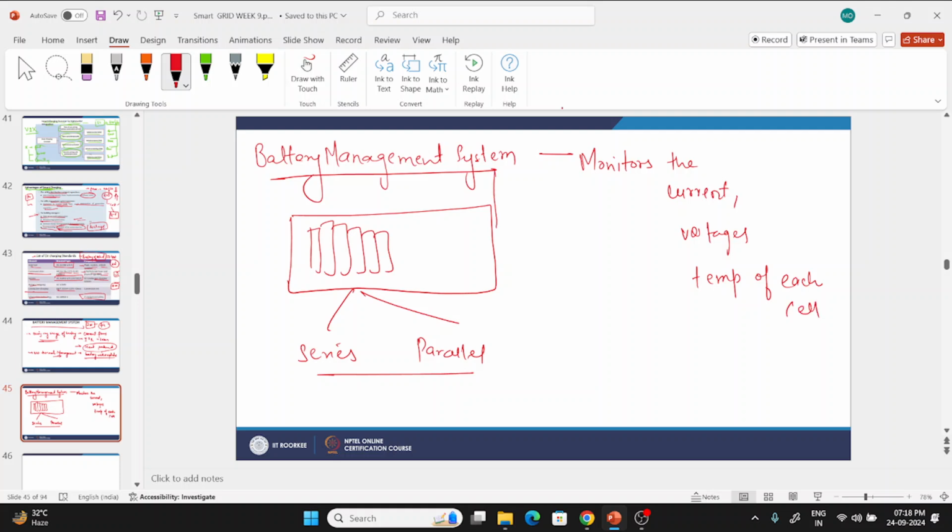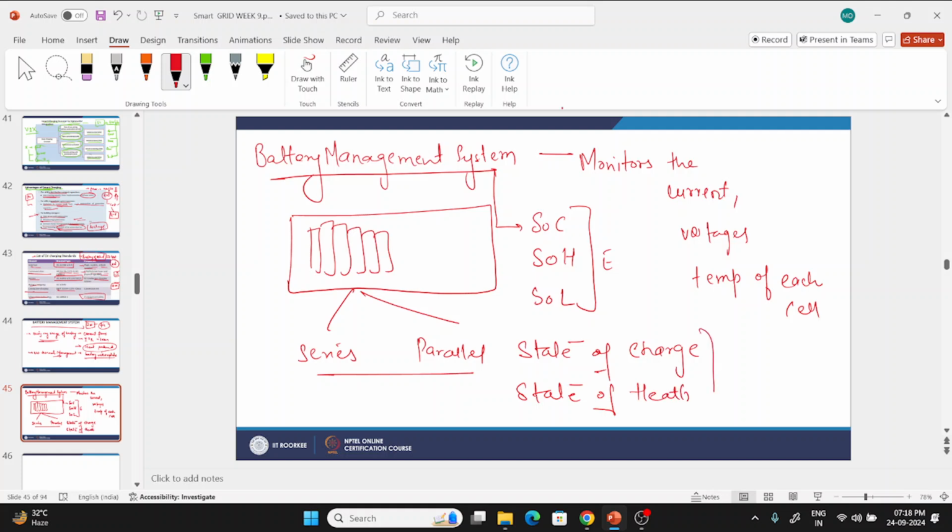Then it also estimates the SOC, SOH and SOL using estimation techniques. What is SOC? State of charge. What is SOH? State of health. What is SOL?